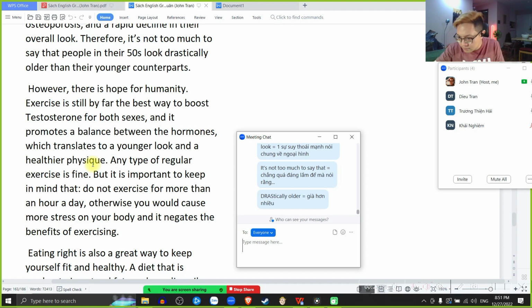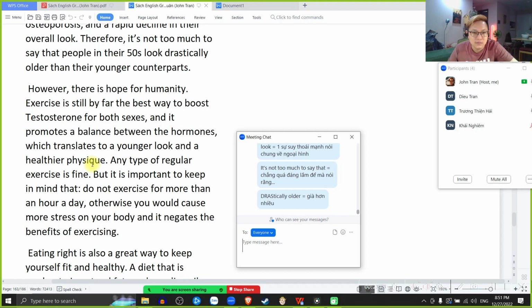But it is important to keep in mind that you should not exercise for more than an hour a day.